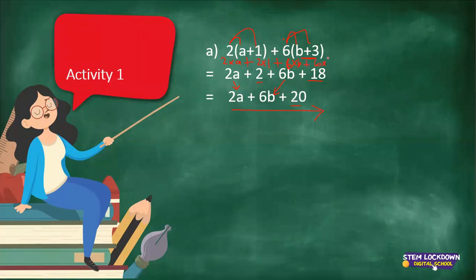And then 2 times A is 2A, plus 2 times 1 is 2, plus 6 times B is 6B, plus 6 times 3 is 18, right? And then all you do is group like terms together. So there's only 1 of A's, 6 of B's, and then 2 plus 18 is 20. I think that is clear enough, right?